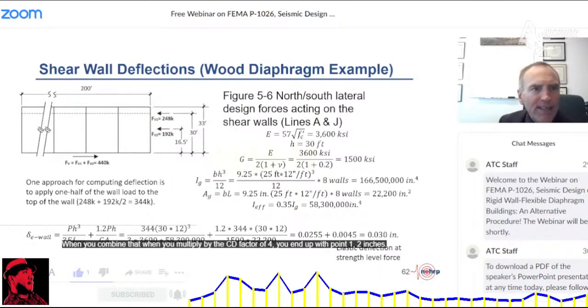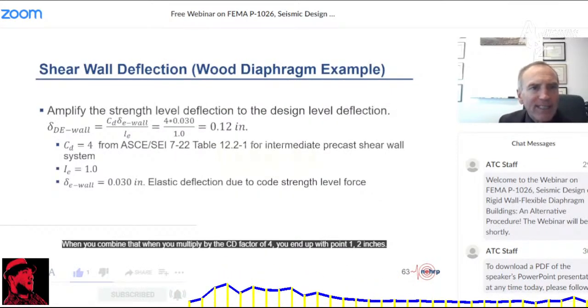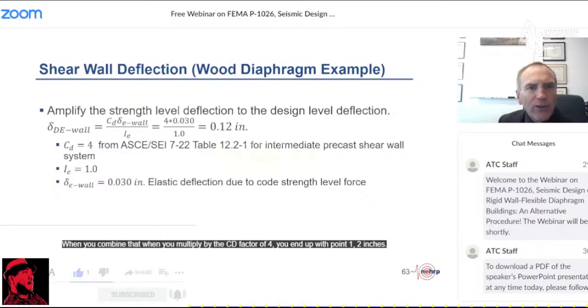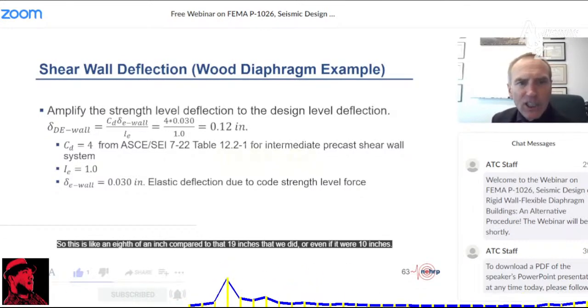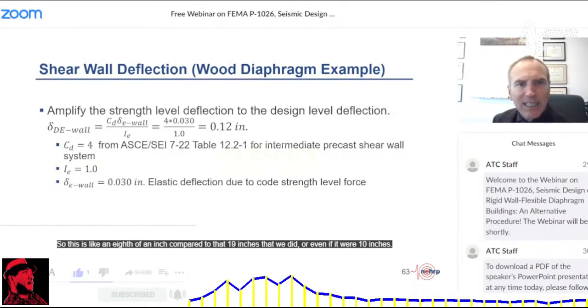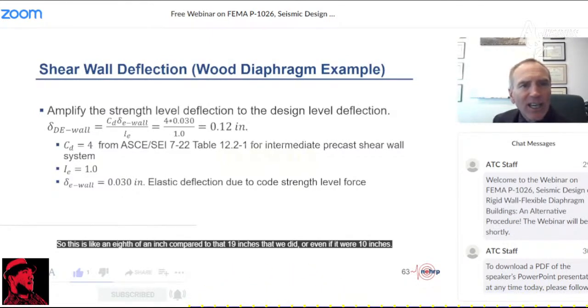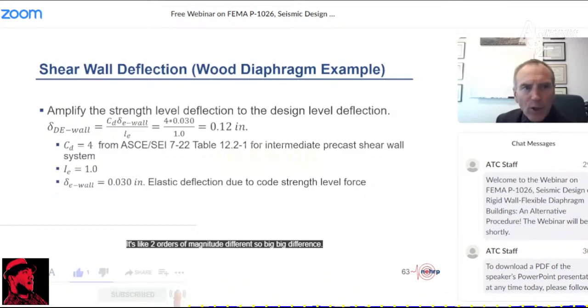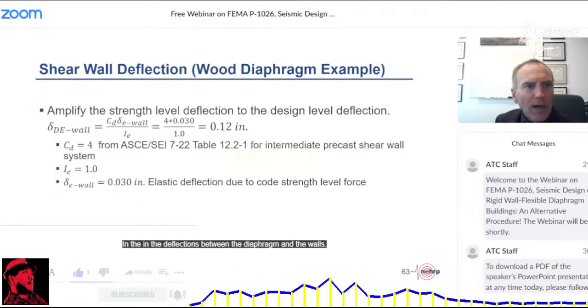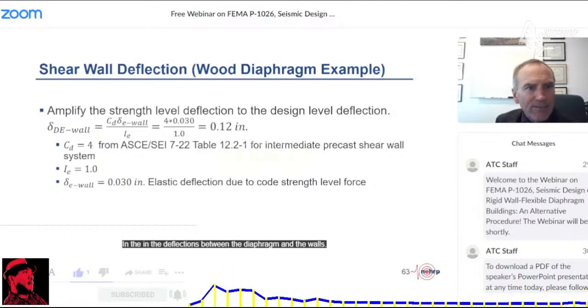When you multiply by the CD factor of 4, you end up with 0.12 inches. So this is like 1/8 of an inch compared to that 19 inches that we did, or even if it were 10 inches, it's like 2 orders of magnitude different. So big difference in the deflections between the diaphragm and the walls.